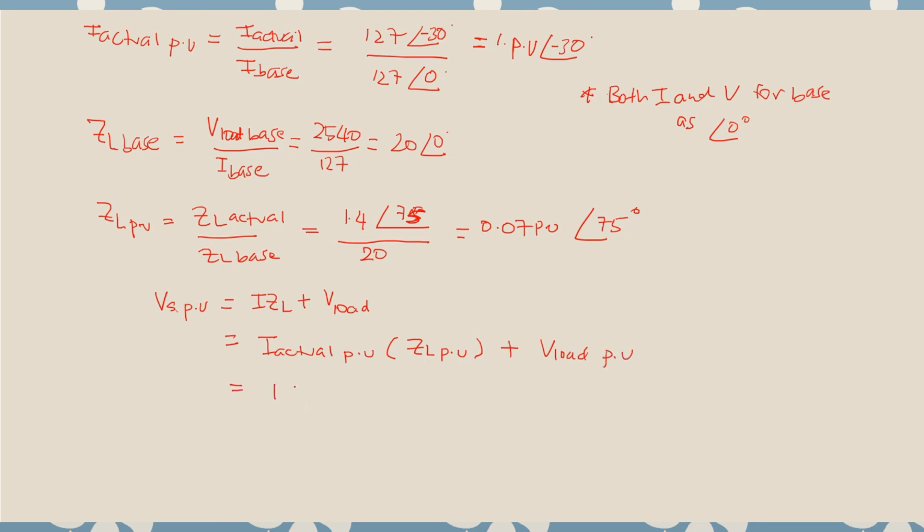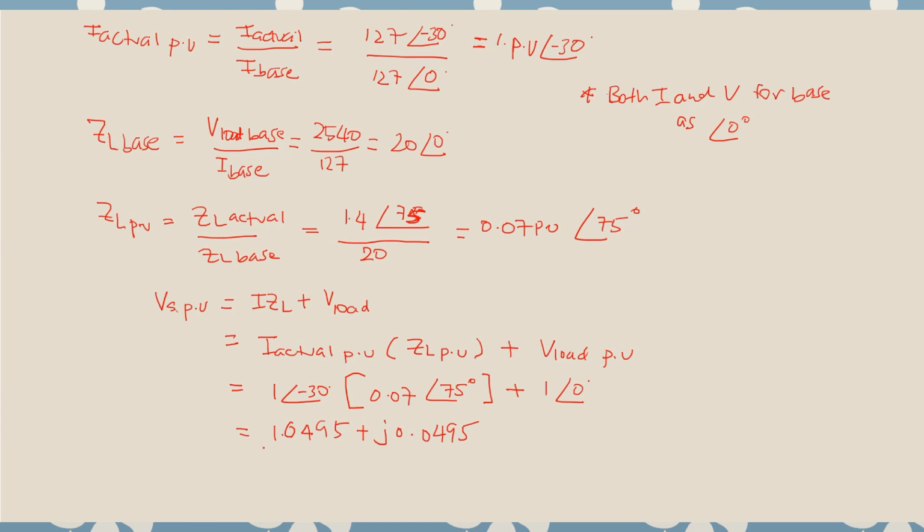V load PU is 1, times 0.075, plus, and you solve that, you get j0.0495.